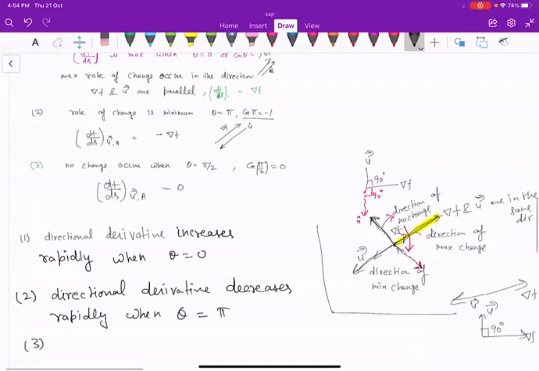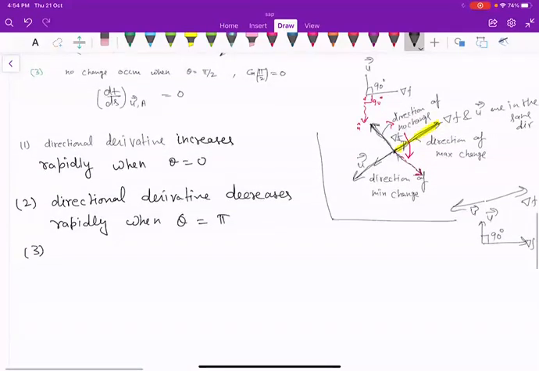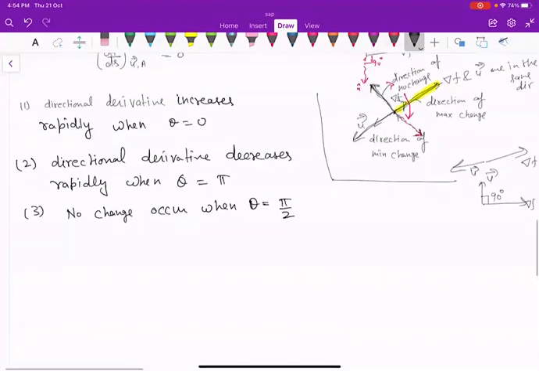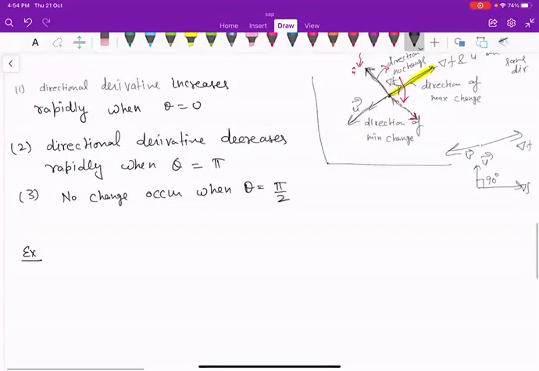Third, no change occurs when theta equals pi by 2. Okay, now one example we will do.